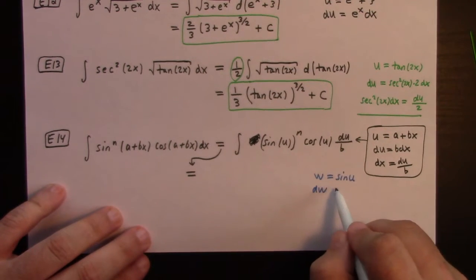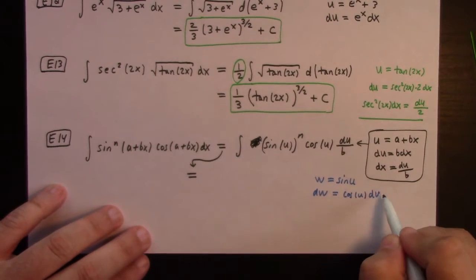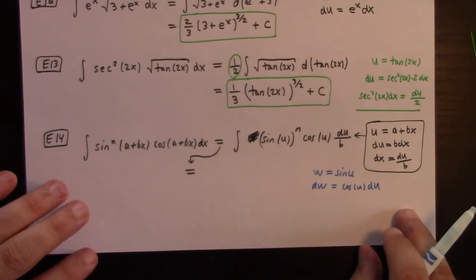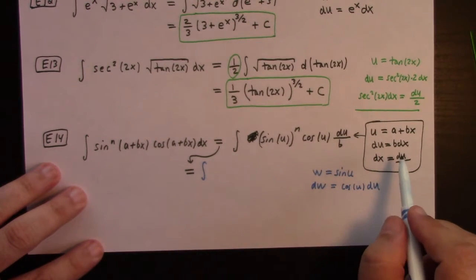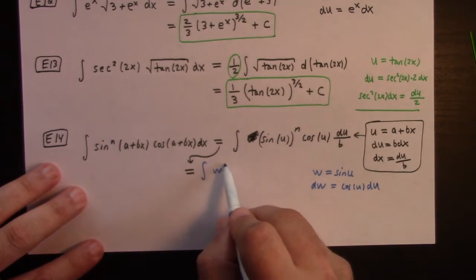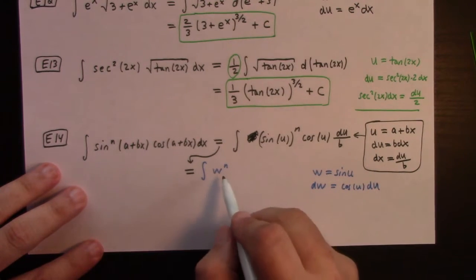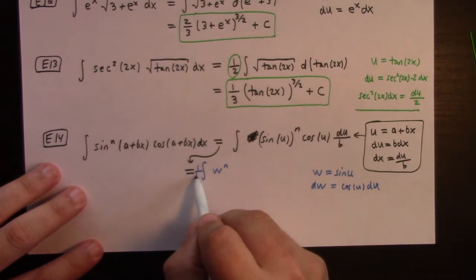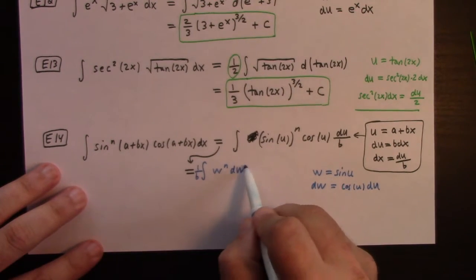So dw is equal to cosine of u du. And so that integral becomes nothing more than w to the n. There's a 1 over b, I'll bring it out front. And cosine u du is just dw.